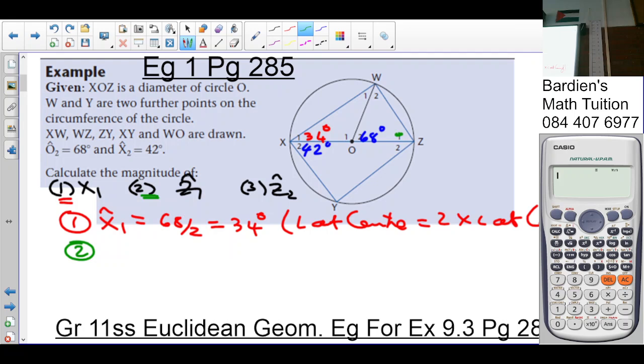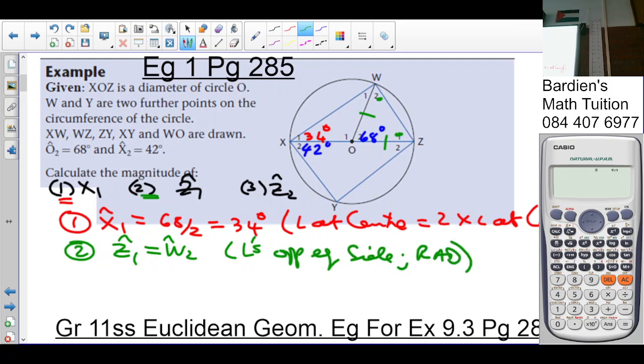So angle Z1 is equal to W2. Why? Angles opposite equal sides. So Z1 is equal to W2, angles opposite equal sides, and it's part of the radius.